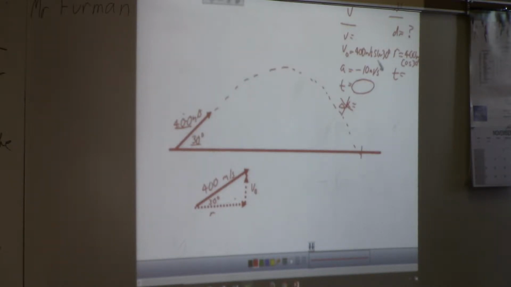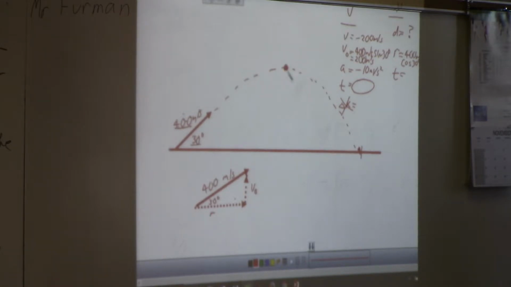A half, exactly. So the initial vertical velocity would be 200 meters per second. When it hits the ground, remember everything is symmetrical. So if it has an initial vertical velocity of 200 meters per second, what's its final vertical velocity when it hits the ground? Negative 200. If I know initial and final vertical velocity and acceleration, and I want to find time, I can use kinematic number one, v equals v0 plus at.